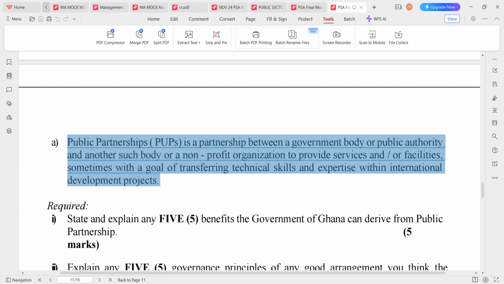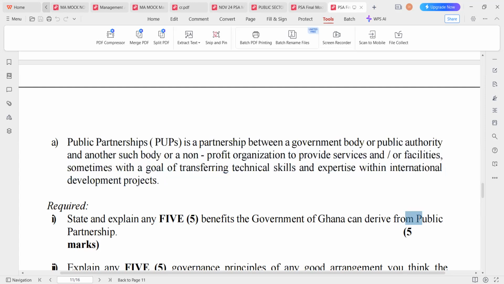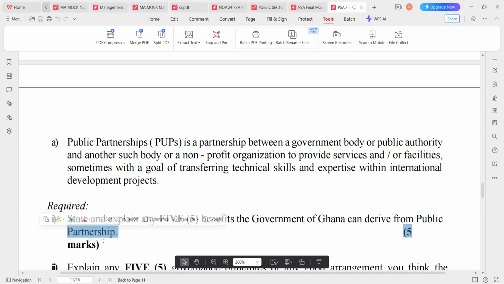So this one is like this. I could have just made it like: state and explain 5 benefits the government of Ghana can derive from service concession according to IPSAS 32. That's all. Or maybe that is how the question will look.